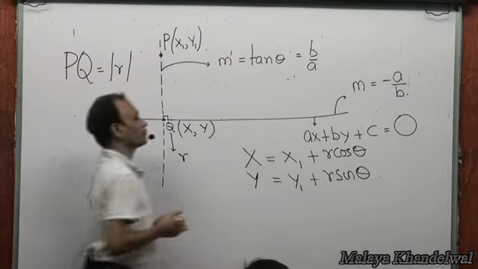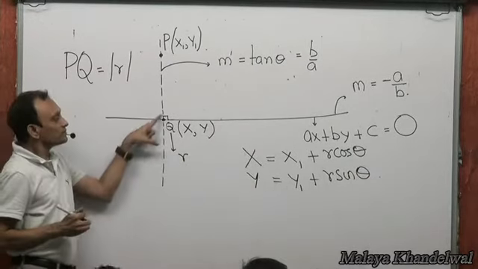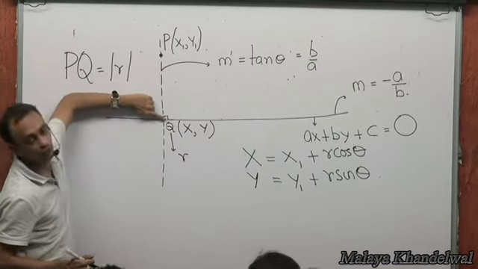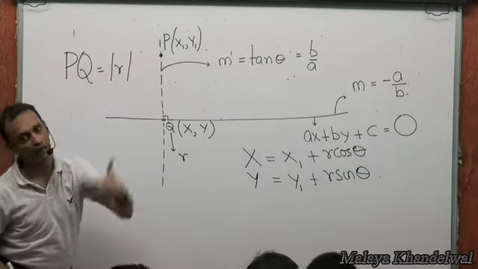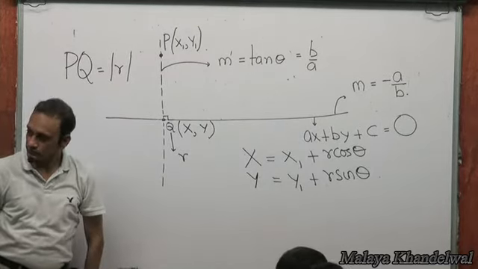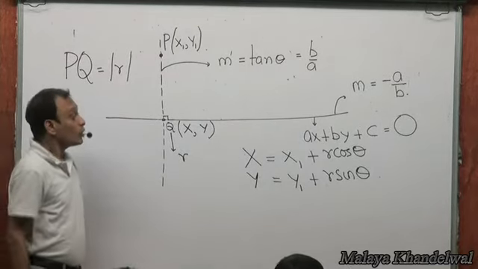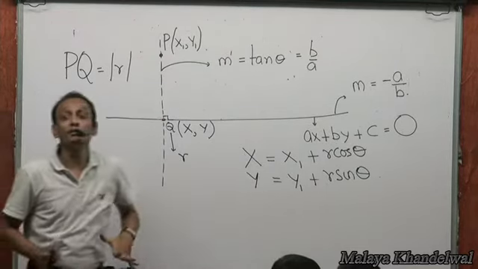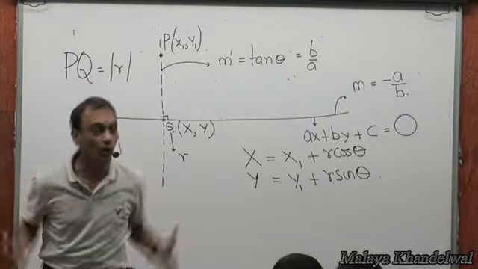Yes or no? These would be the x and y coordinates of this point, given the parameter for Q as seen by P is r. If I have to find the perpendicular distance between P and Q, I'll have to find mod r. Clear?